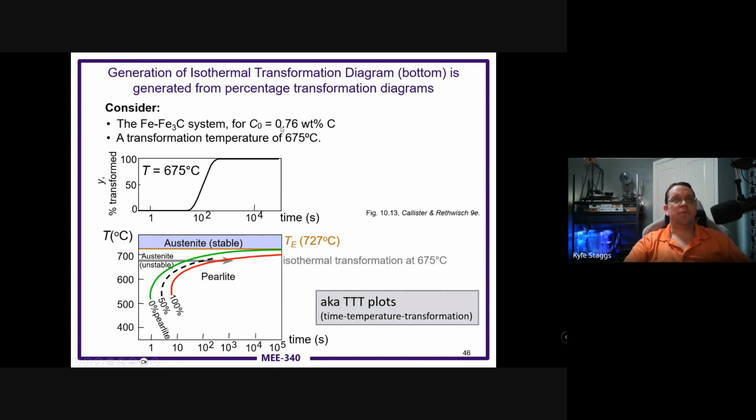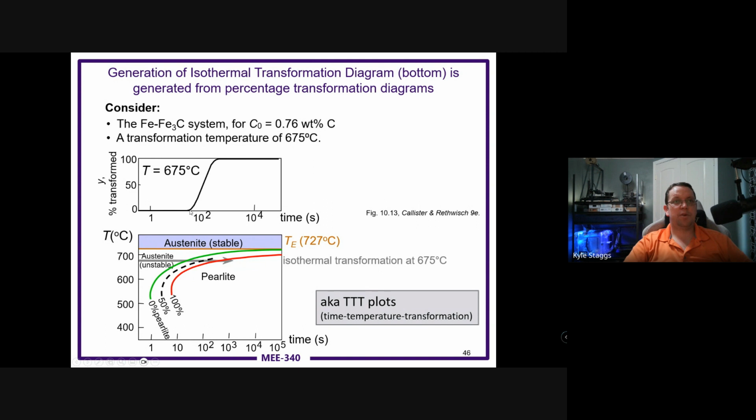So we're going to work with this example at 0.76 weight percent carbon, just because that happens to work right at the eutectoid point. We can much more easily know exactly what the temperatures are without having to interpret stuff on the line. So this is chosen for the sake of simplicity. So as this cools off for this given rate, you start out at 675 C, taking that transition.